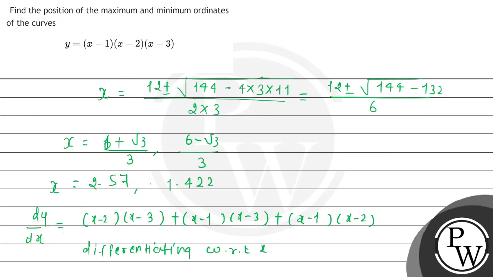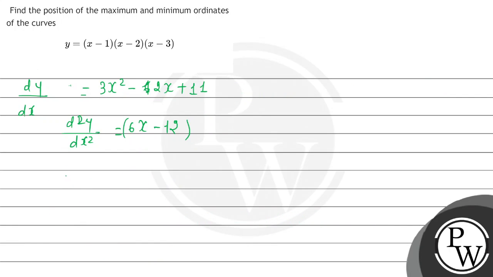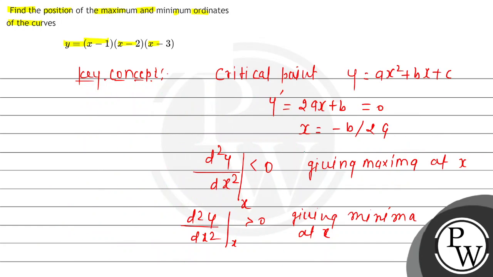So d²y/dx² at x equal to 2.57 is 6 into 2.57 minus 12. In that case, the value of d²y/dx² is positive. It means it is giving the minima at this point, as we have discussed earlier that if d²y/dx² is positive, then it gives the minima at that point.